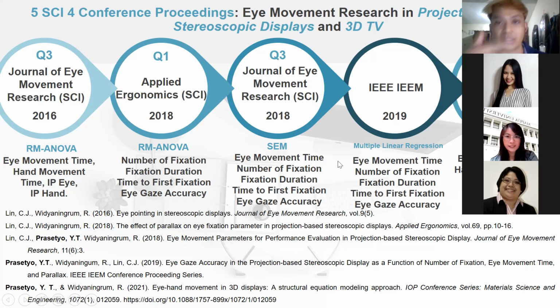Sometimes they show, hey, this publication, you already published it in this study. But if the approach is different, it's still fine. For example, this one is repeated measures ANOVA, this is SEM, exactly the same data but different approaches, then we can still publish it in a good journal too.